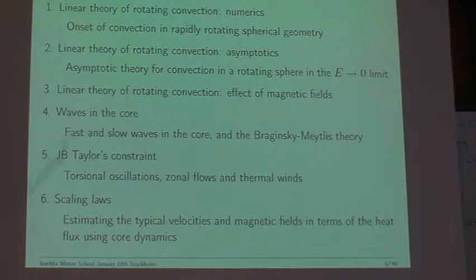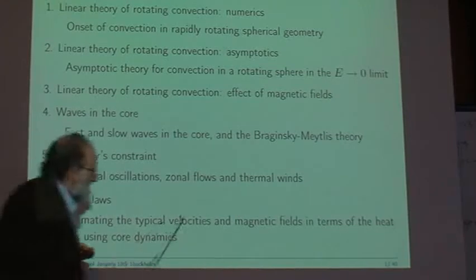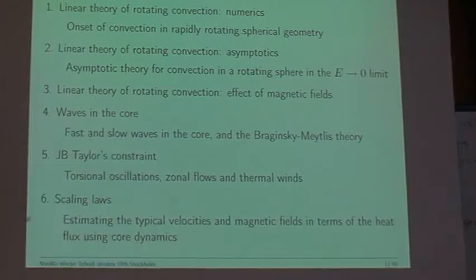And finally, all of this is what you might call fairly well-established theory. There's a fairly tight mathematical basis for it all. But then I'll talk about how we put together all these ideas to develop scaling laws to answer questions we really want to know in planets, in the strongly nonlinear regimes and in situations where the Ekman number is very, very small and the Rayleigh number is very, very large.